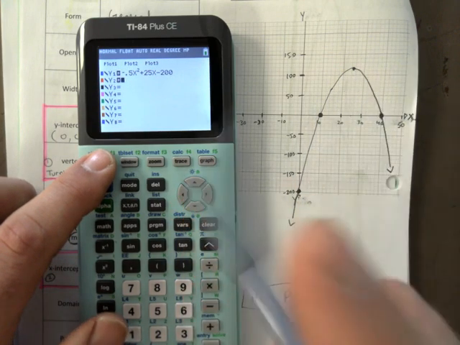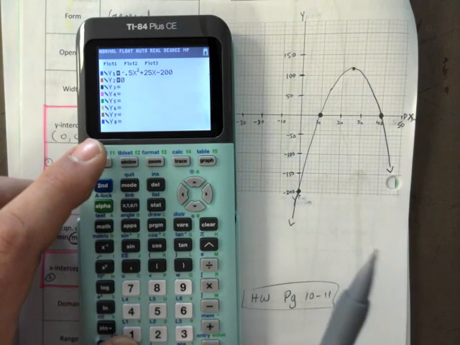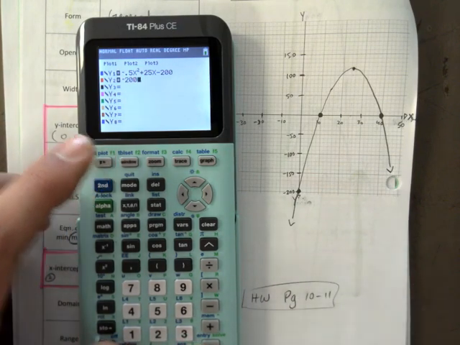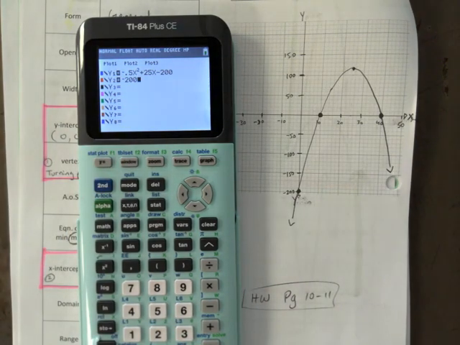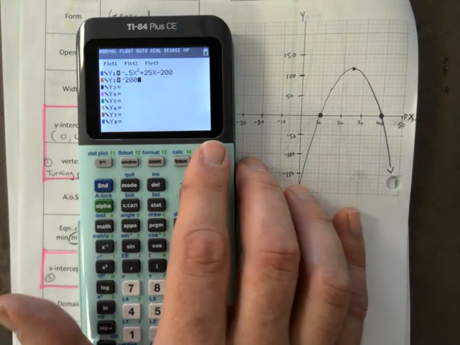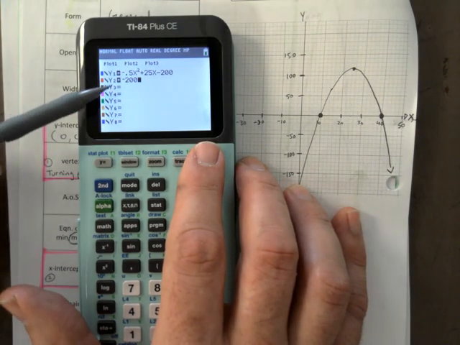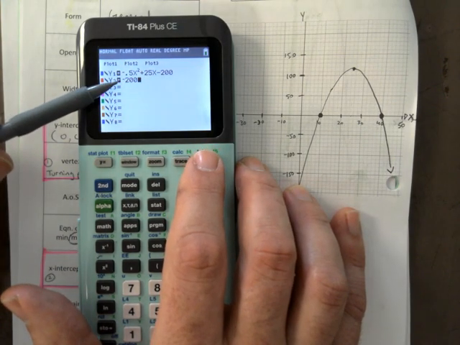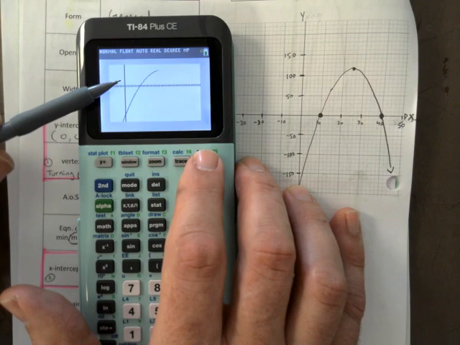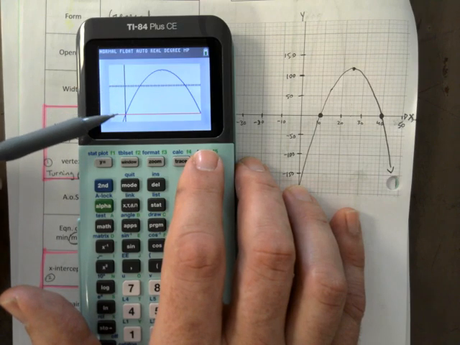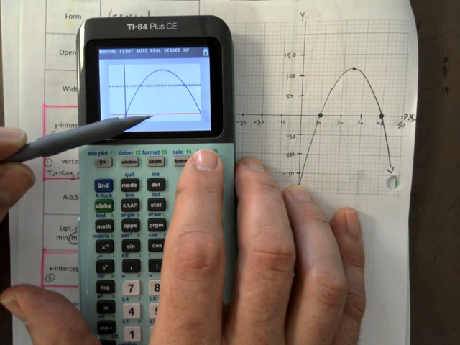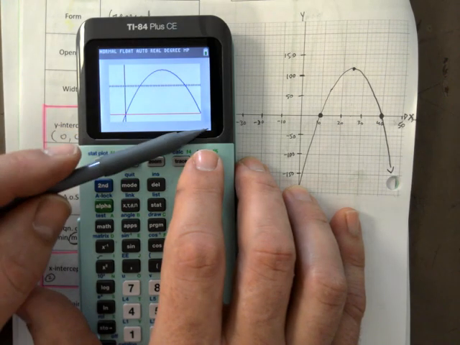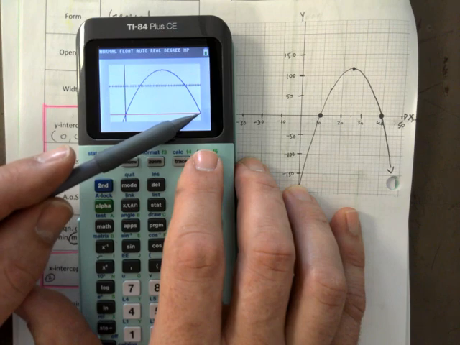And we're going to, in y2, enter negative 200. Negative 200. Why am I doing that? That's my y-intercept, right? Hit graph. There it is, see? So I now know that this is the line that's going to get me right across on the opposite leg, right over here.